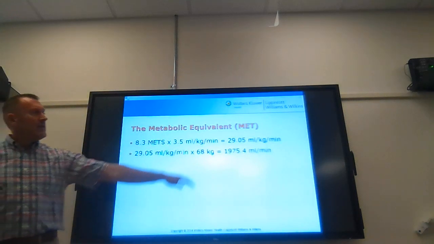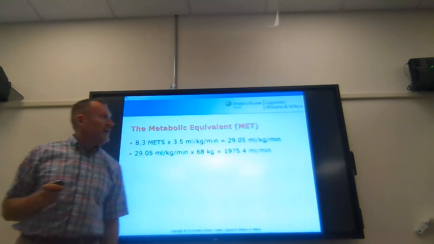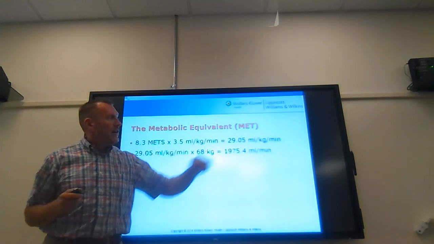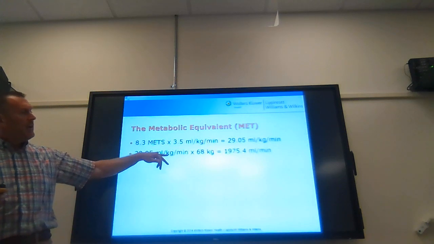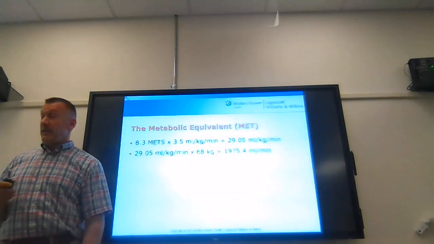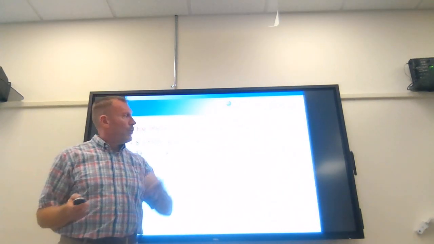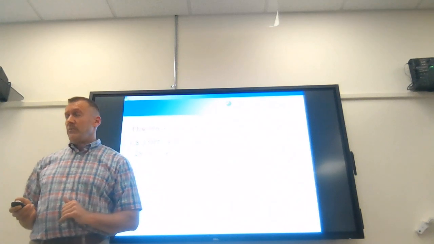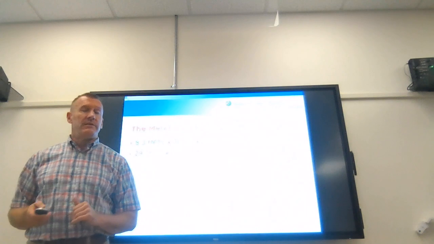So this would be a relative value per kilogram, and we want the absolute value of oxygen consumed. So you'd take 29.05 milliliters per kilogram per minute multiplied by her body mass to get the total milliliters of oxygen consumed per minute.